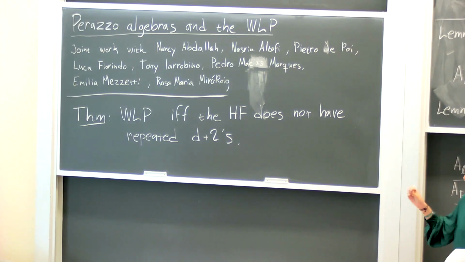So d+2 was the highest allowed number, and if you see this number twice, it will not have WLP.